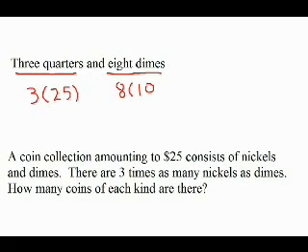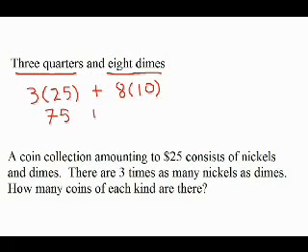is worth 10 cents. Now, you'll notice that I've written 25 cents as 25 instead of 0.25, and 10 cents as 10 instead of 0.10. I'm purposely avoiding the decimals here, and I'll talk a little bit more about why that is later. So when I want to calculate how much money I have in total here, I would, of course, add these two amounts together. So if I have 3 quarters, I multiply 3 times 25, and that's 75 cents.